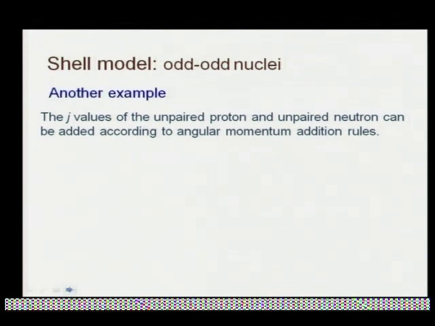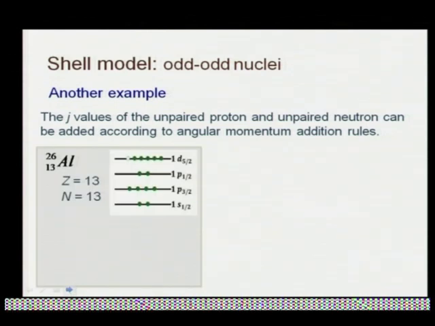Another example that you can take in a similar situation is aluminum 26. It has 13 protons and 13 neutrons in it. So, you can ask the question again, what are the spin values? Let us see.